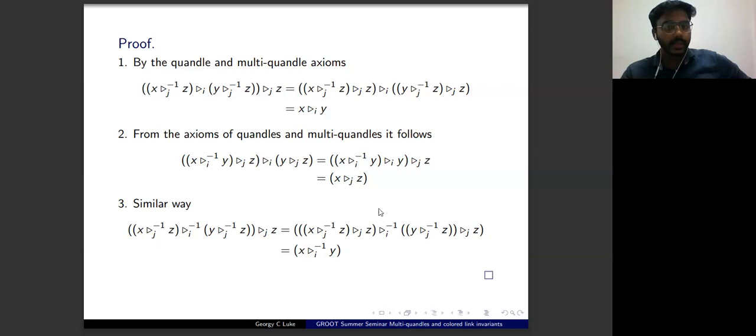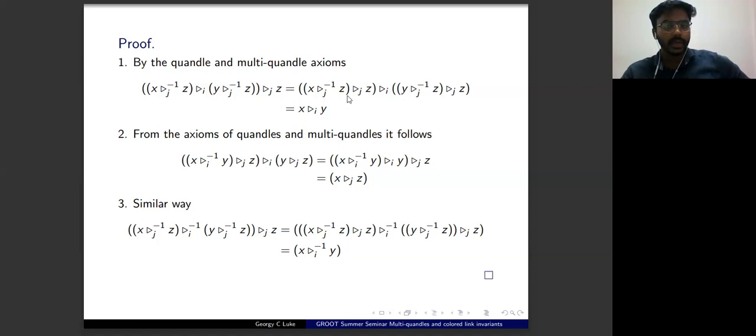The proof for the first statement is as follows. The right hand side of the first statement is (x ◁_j^{-1} z) ◁_i (y ◁_j^{-1} z) ◁_j z, which by the axiom of multi-quandle is equal to ((x ◁_j^{-1} z) ◁_j z) ◁_i ((y ◁_j^{-1} z) ◁_j z).